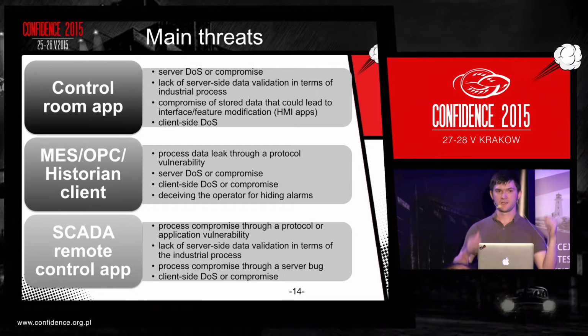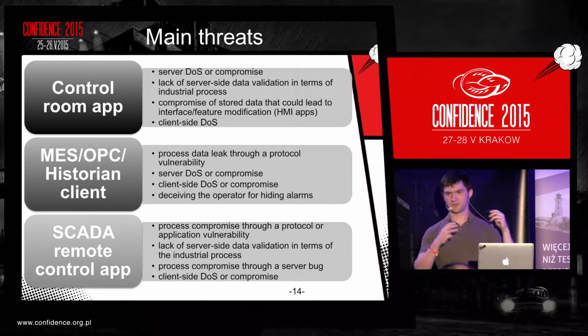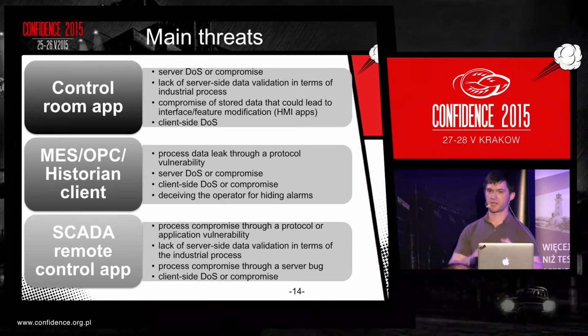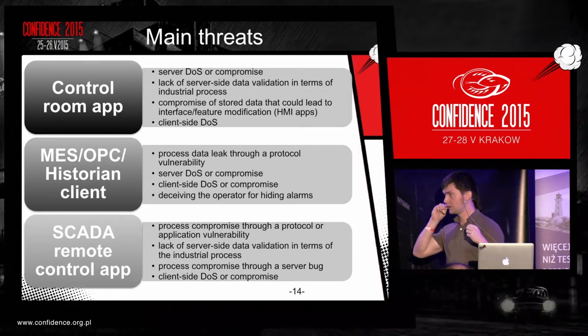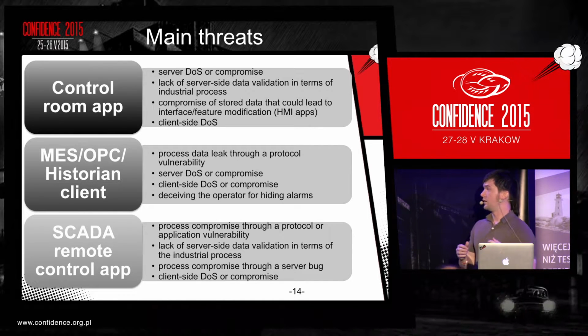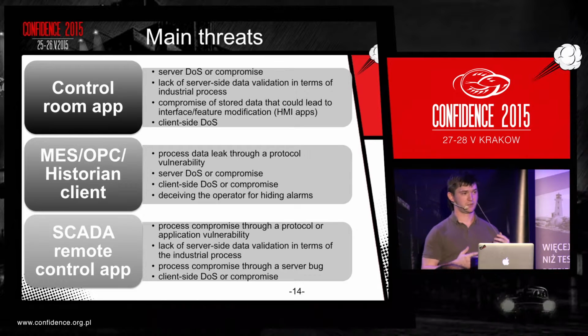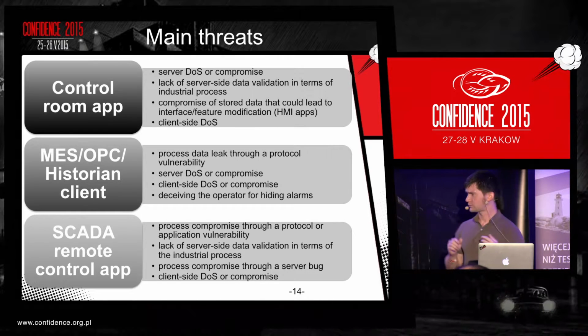For example, the server application sees that a sensor shows too much pressure in a pipe, and it sends a notification to the operator that he should lower the pressure.